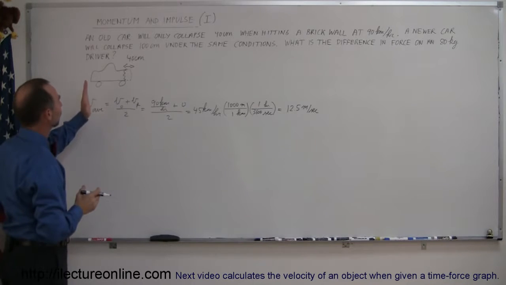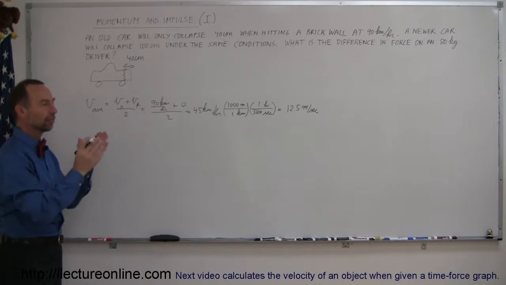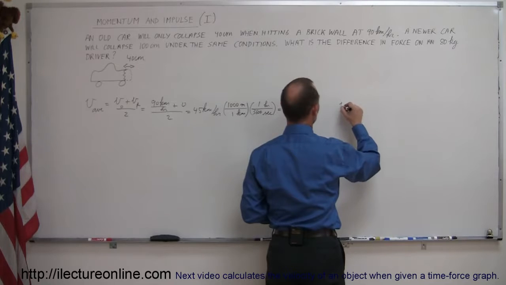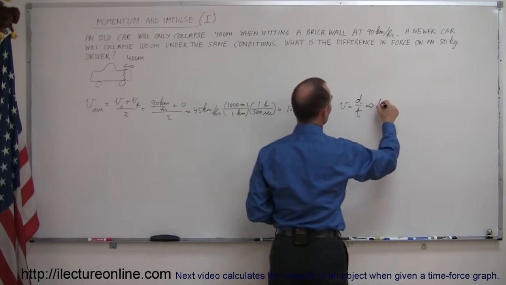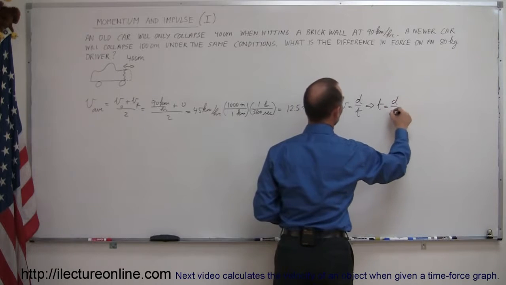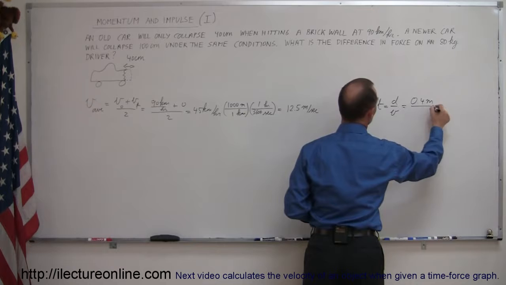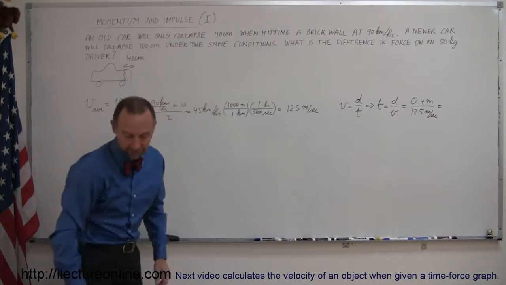And if the driver covers a distance of 40 centimeters, how long did it take for that collision to actually take place? We could say that velocity is equal to distance over time, which means that time is equal to distance divided by velocity. So 0.4 meters divided by 12.5 meters per second will give us the time that the collision lasted.